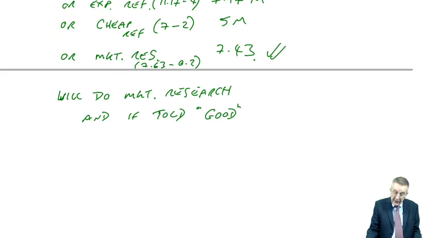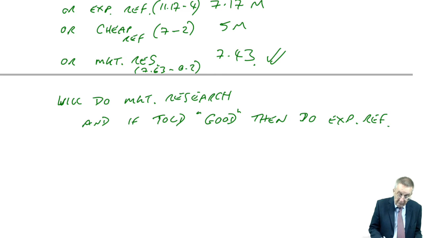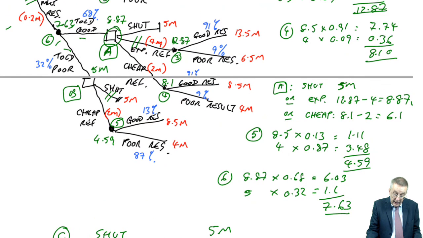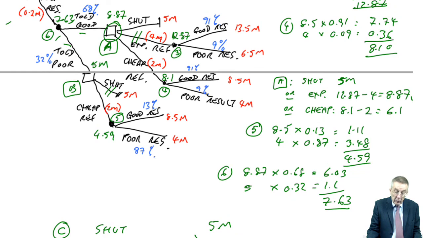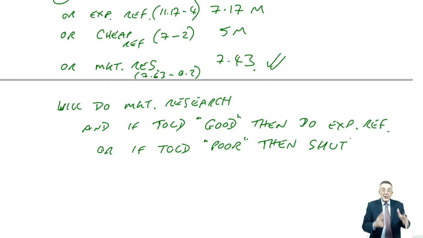We carry on and do the expensive refurbishment. Or if told poor, what will we do? If they told us poor, we decide to shut. So there's the full answer: the decision we make now, together with any future decisions.